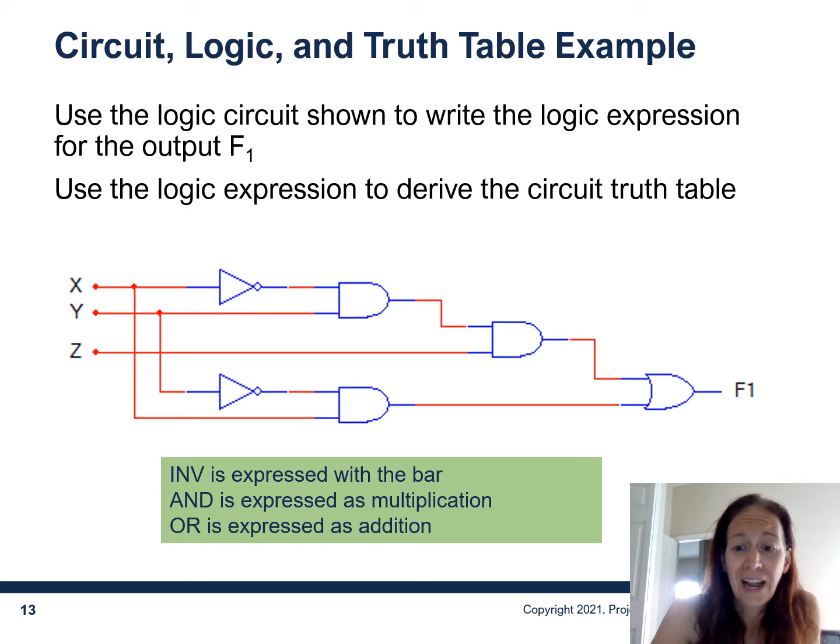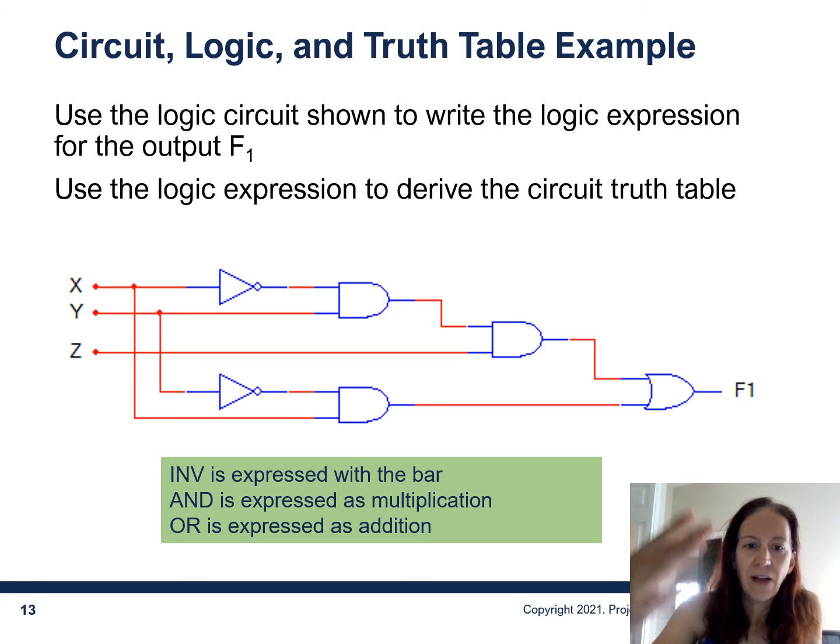So this, you kind of need if you're going to come up with a logic expression. So here we have our circuit, and we've got the X, Y, Z. We have the inverter, the AND, the OR, and the OR. What they don't tell you is that an inversion is expressed with the bar. I think that's pretty intuitive because we know that means the not or the negated value.